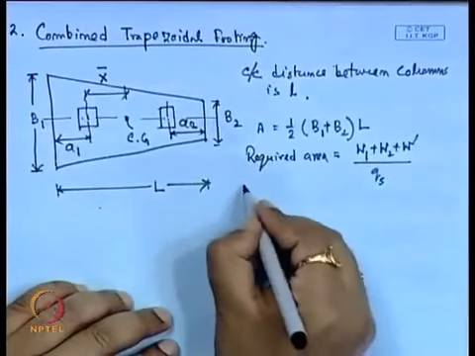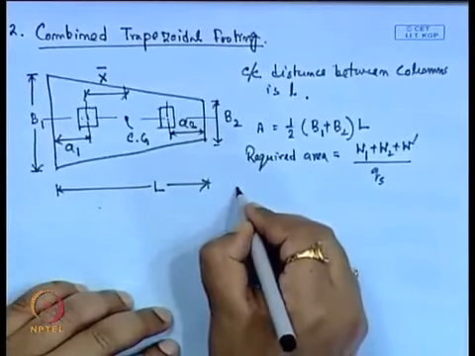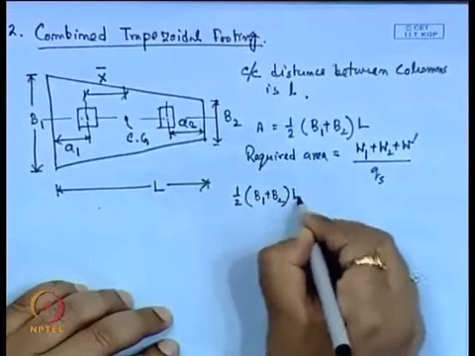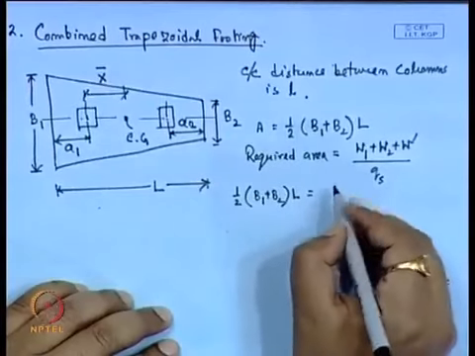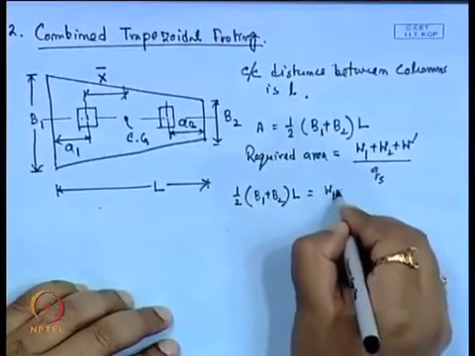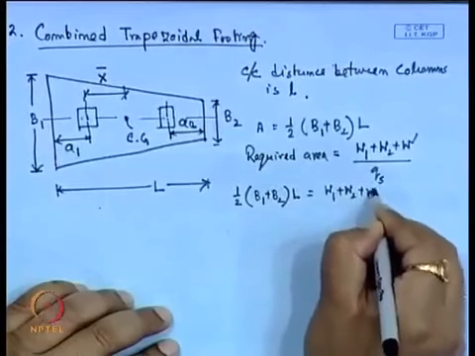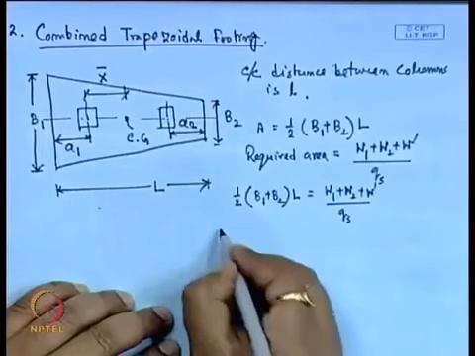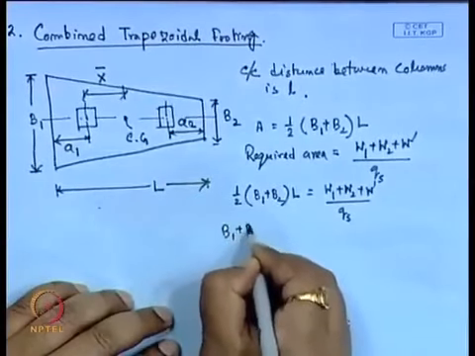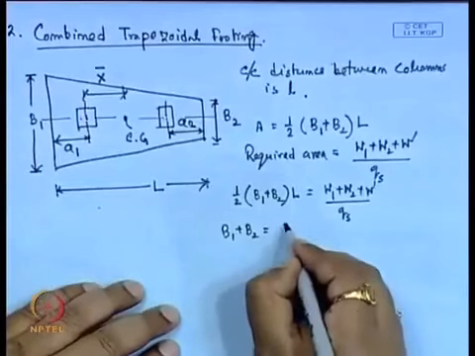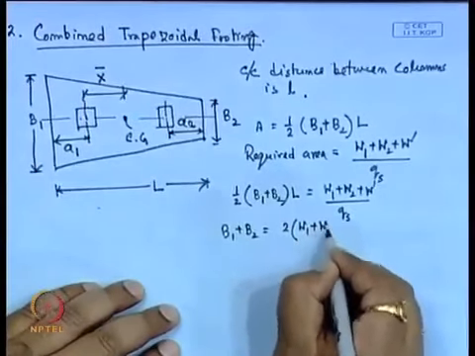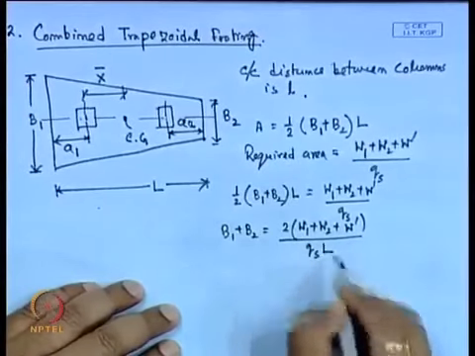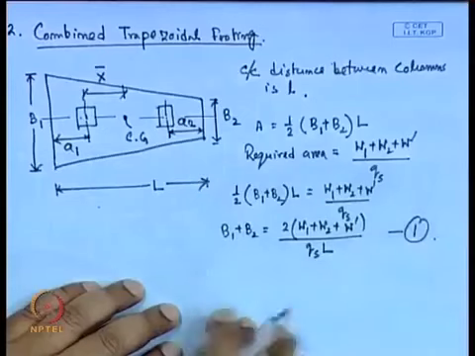So now we can write that half (B1 plus B2) into L is equal to (W1 plus W2 plus W') divided by Qs, or B1 plus B2 is equal to 2 (W1 plus W2 plus W') divided by Qs into L. So this is one expression.